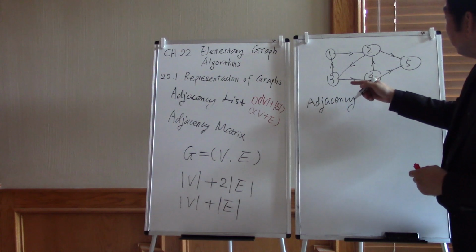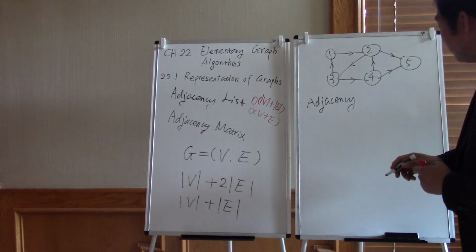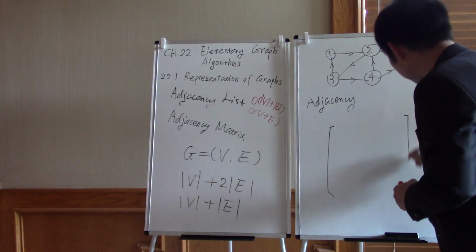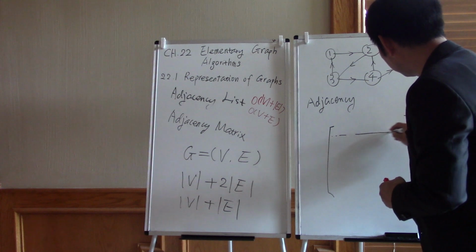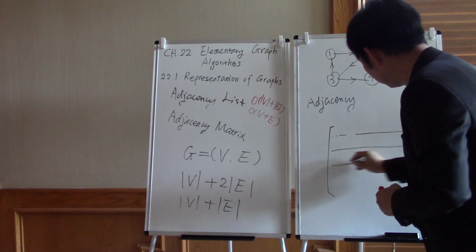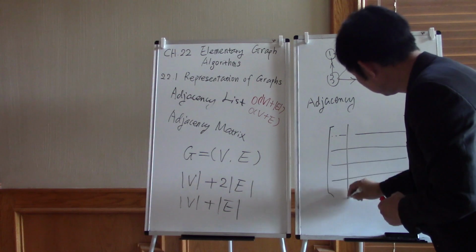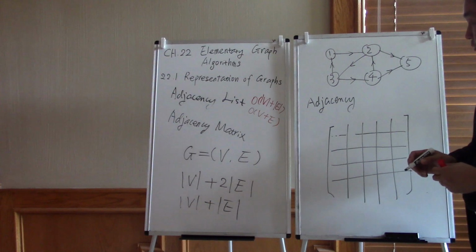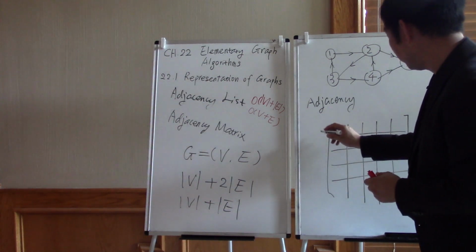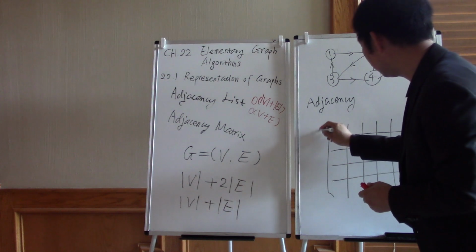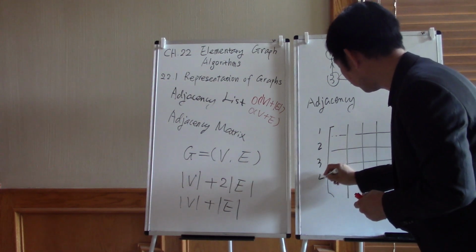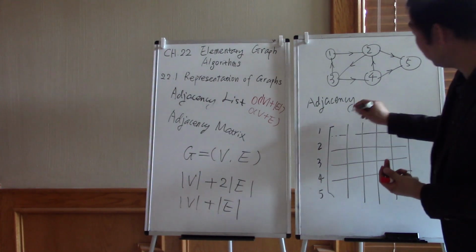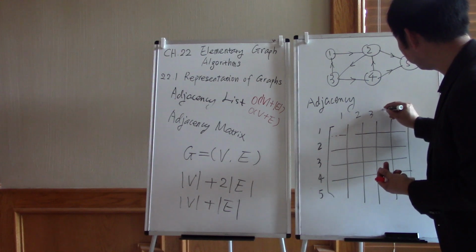In this graph, we have 5 nodes, 1, 2, 3, 4, 5. And therefore, we are going to create a matrix which has 5 rows and 5 columns. The 5 rows correspond to the 5 nodes, and the 5 columns also correspond to the 5 nodes.